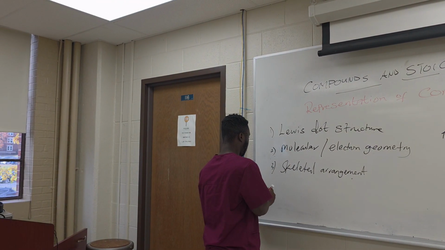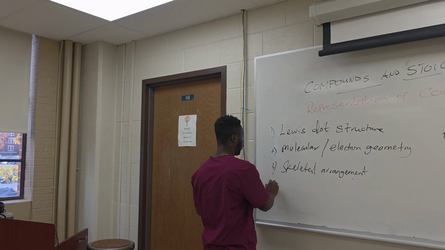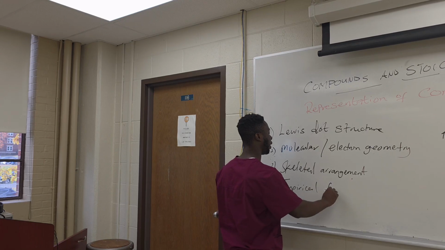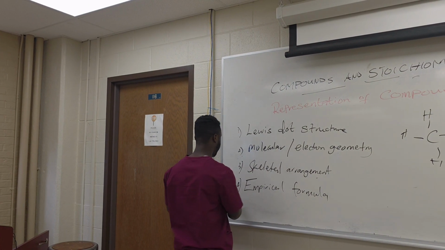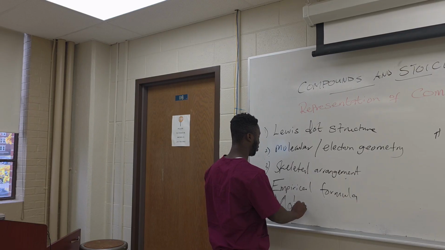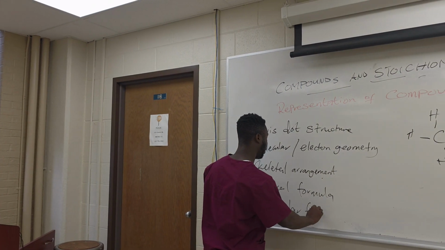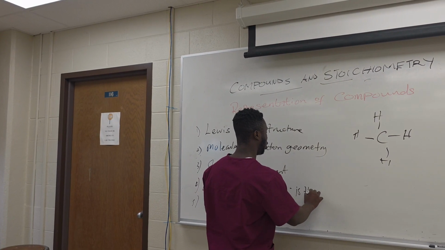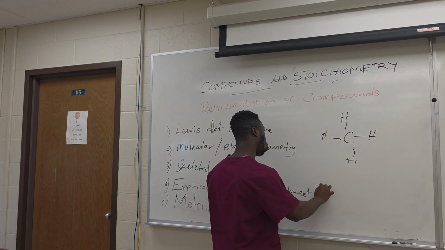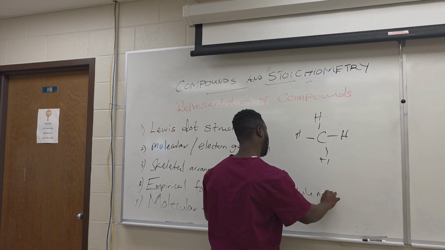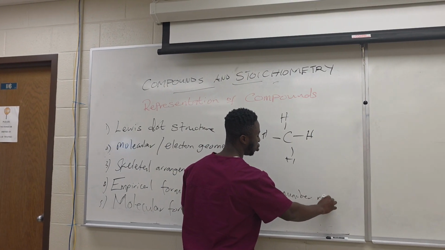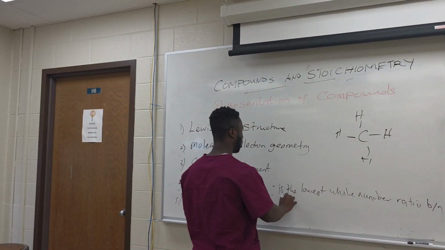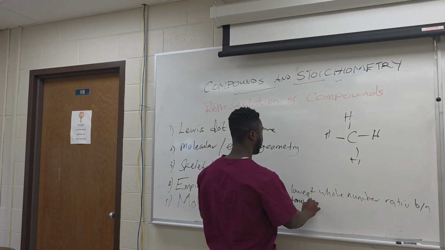So another way is the empirical formula, and then the fifth way is the molecular formula, right? Now the empirical formula is the lowest whole number ratio between the atoms that make up the compound.